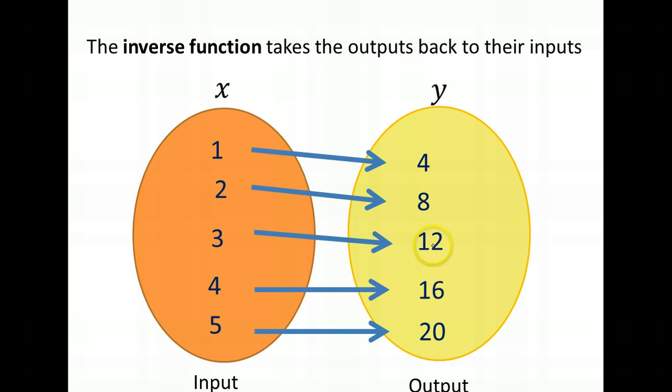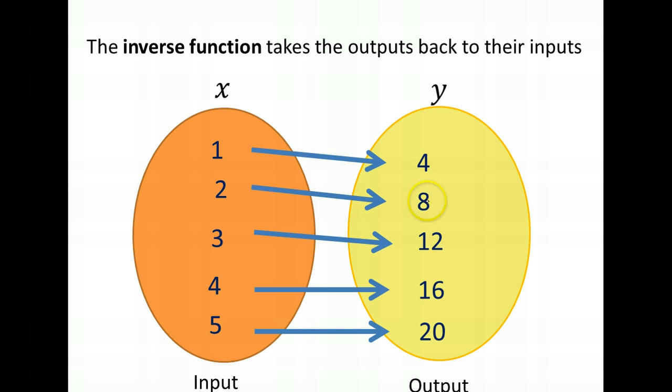Okay, so here we have what is called an inverse function. An inverse function is taking the output and then going back to the input. So if they tell me I have 4, 8, 12, 16, and 20, then I can work backwards and see what number we put in as our input to get the outputs.